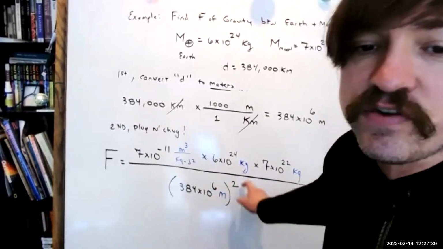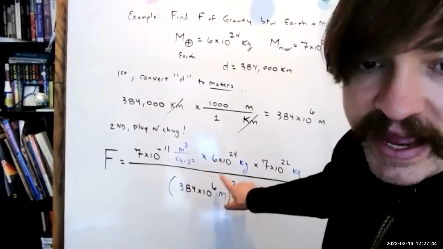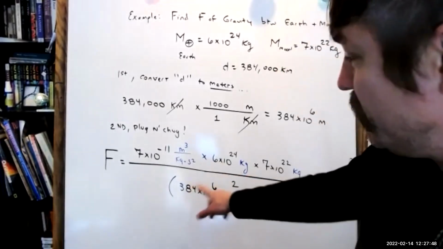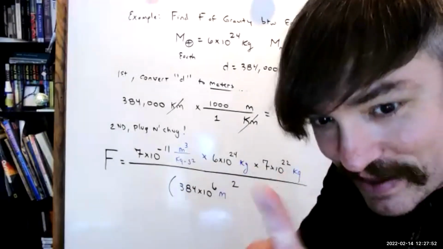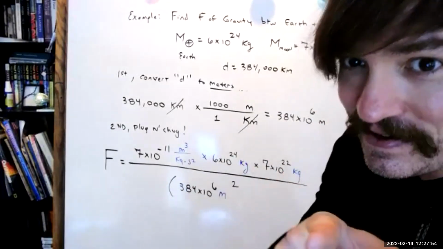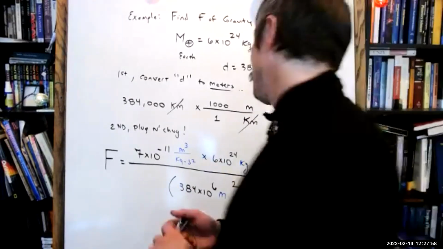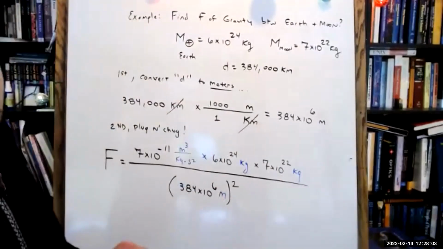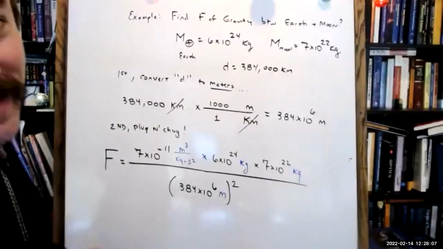The square is distributed to both number and unit. If I had not put the parentheses there, someone might think I mean 384 million square meters, which is not the same thing as 384 million meters squared. 384 square meters is an area, but 384 million meters squared is a distance that is squared. Ultimately, it's also an area, but it's not the same number.